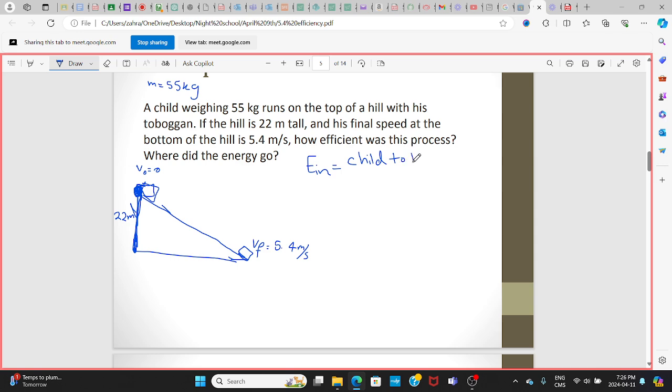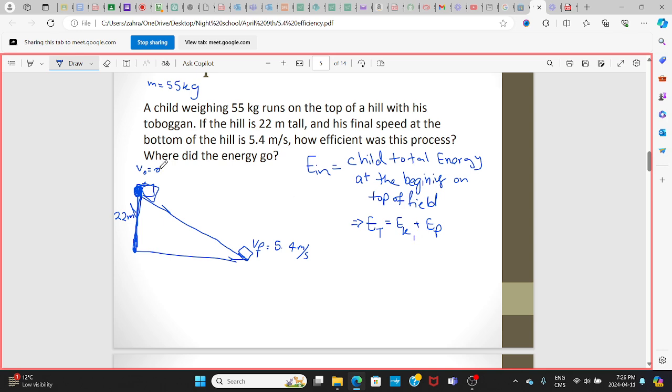Child total energy at the beginning, on top of the hill. And what is that? E total there is E kinetic plus E potential.